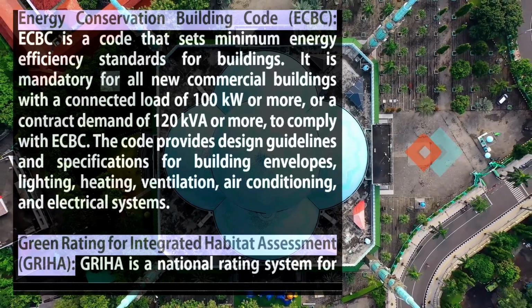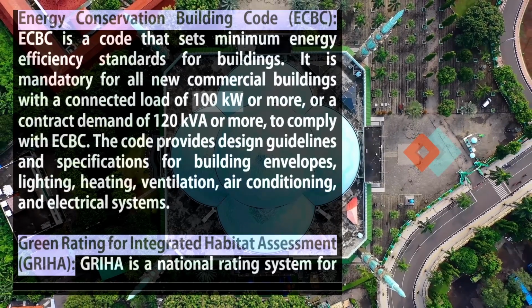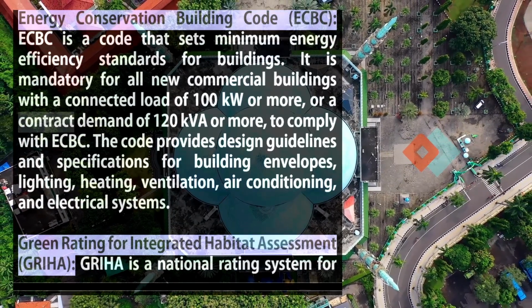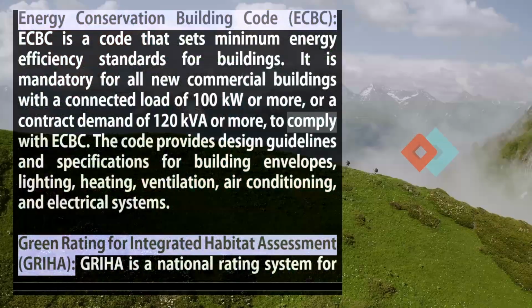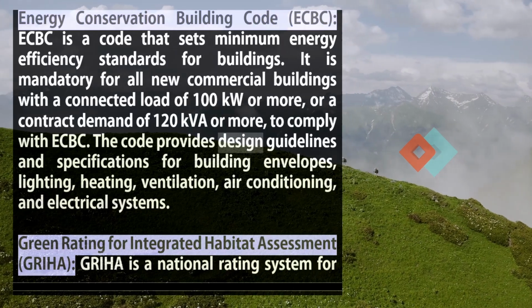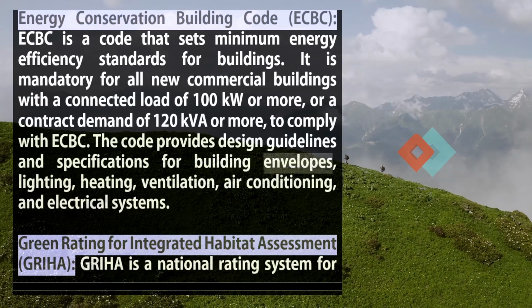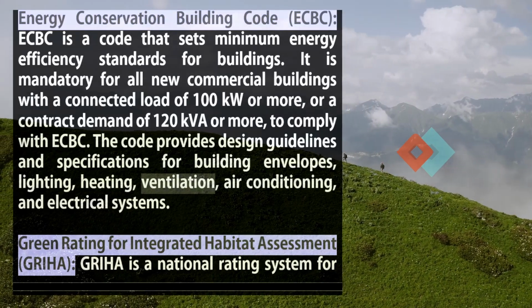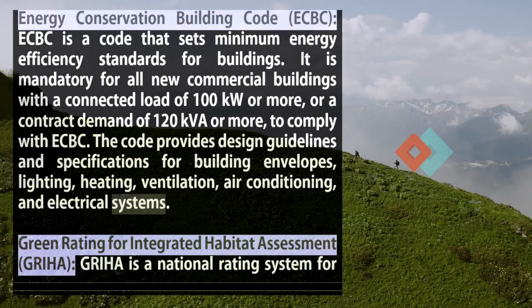It is mandatory for all new commercial buildings with a connected load of 100 kilowatts or more, or a contract demand of 120 kVA or more, to comply with ECBC. The code provides design guidelines and specifications for building envelopes, lighting, heating, ventilation, air conditioning, and electrical systems.